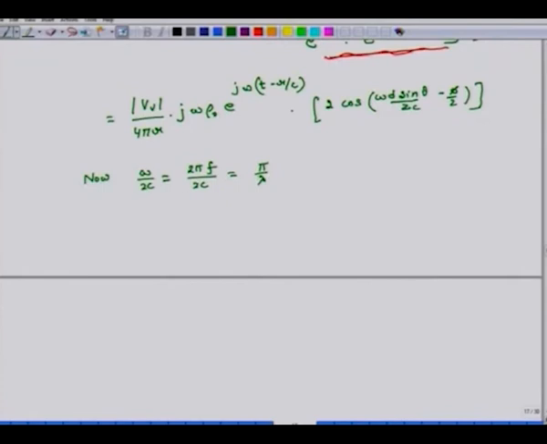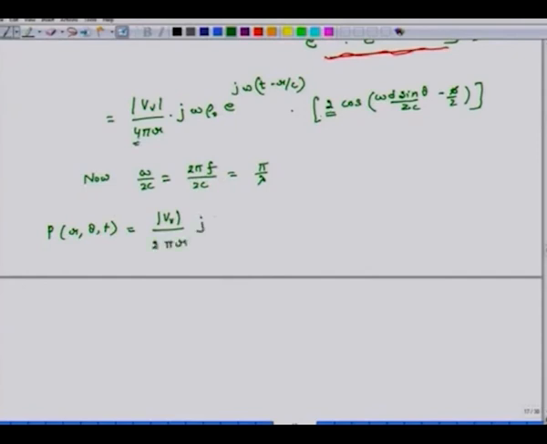So, I can replace omega over 2 c by pi over lambda, and also I cancel this 2 by 4, so I am left with only 2 pi r here.